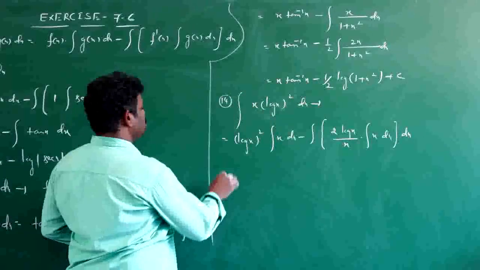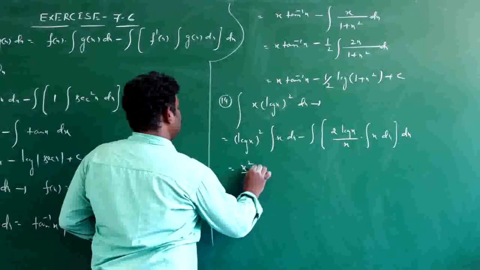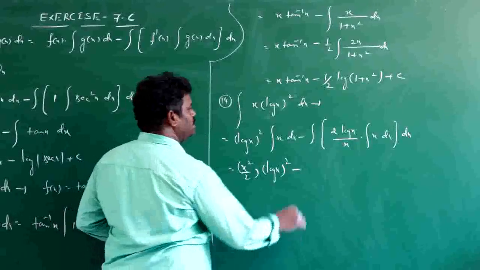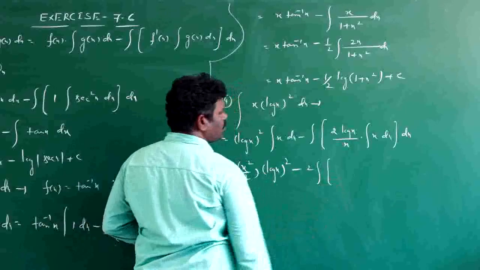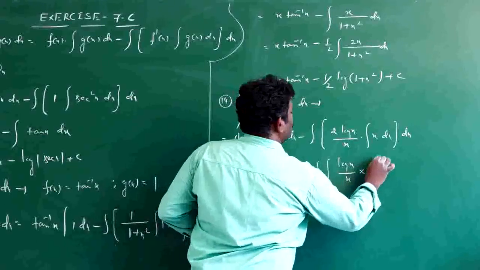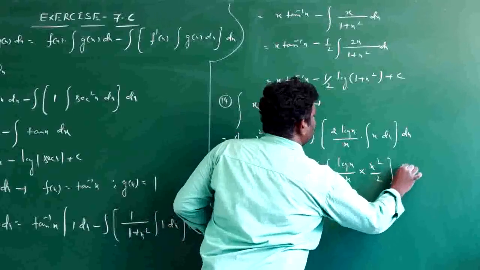Then again see here, that is equal to x square by 2 into log x whole square minus 2 into integral of log x by x into x square by 2 dx value.